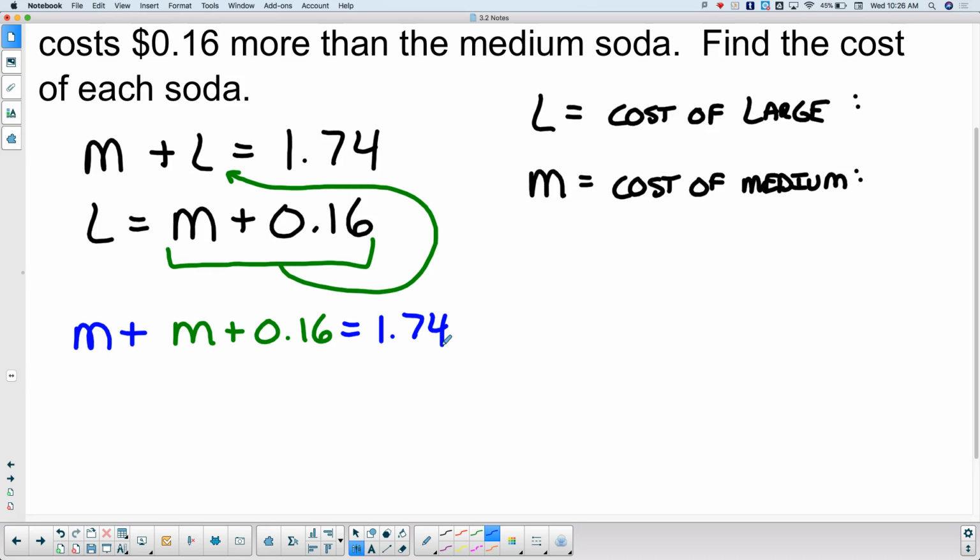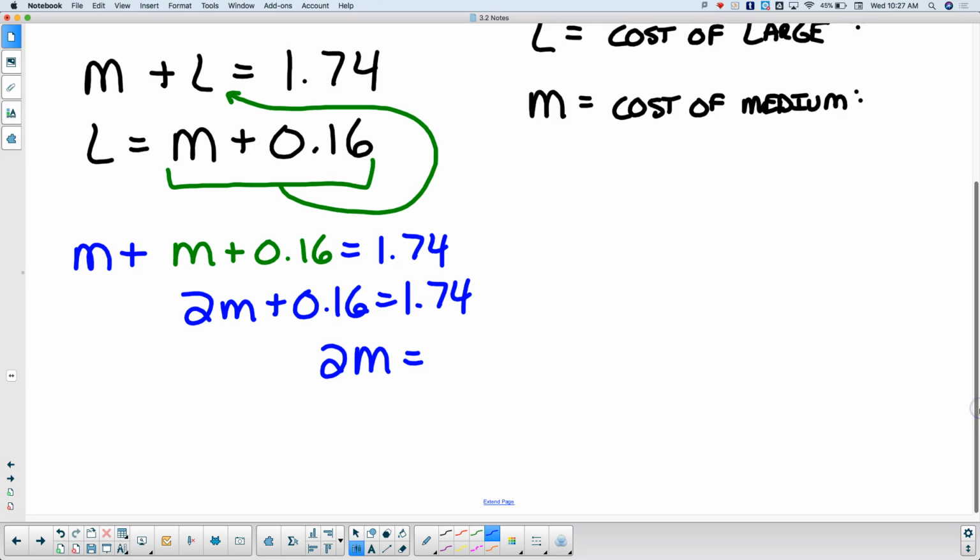into my other equation in place of L. So we get that, which really is 2m equals that. Subtract off 16 cents from both sides. So that gives me 2m equals 1.58.